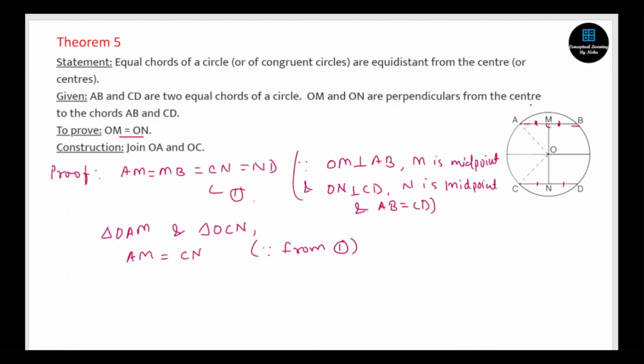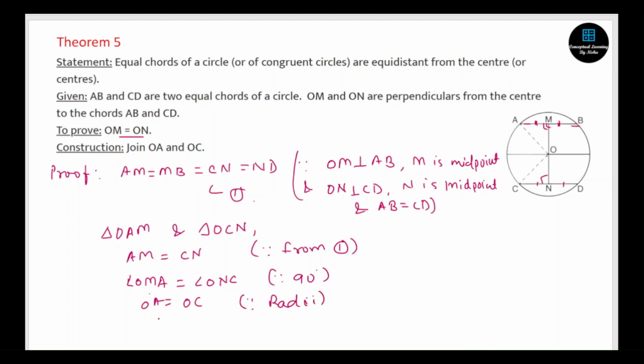Now what else? Yes, they are right angles. So what I can say, angle OMA equals angle ONC, correct? Why? Because 90 degree right angles, and OA is equal to OC, radii.